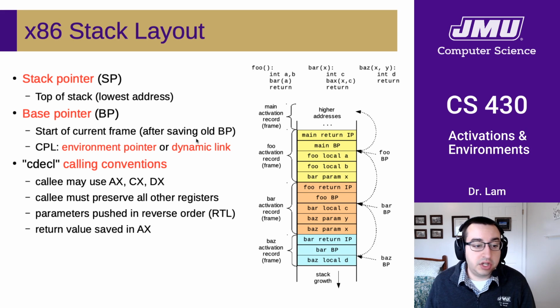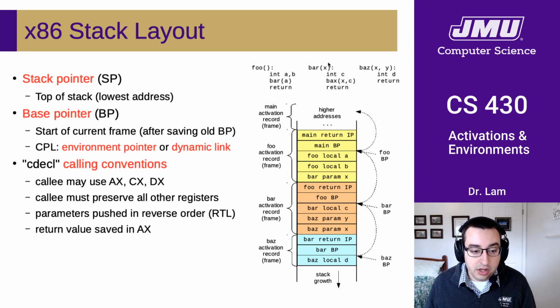So the calling conventions here are that the callee may use the AX, CX, and DX registers, or the EAX, ECX, and EDX registers, which you may remember those names from 261. The callee has to preserve all the other registers. Parameters are pushed in reverse order.